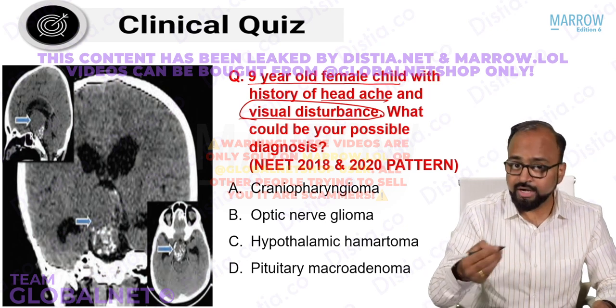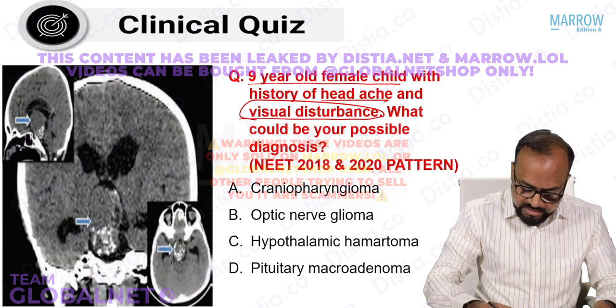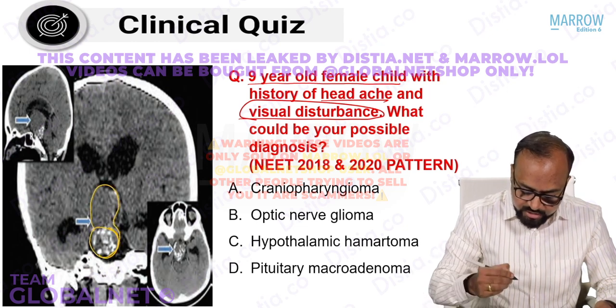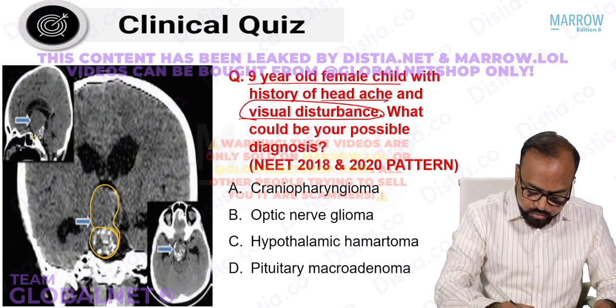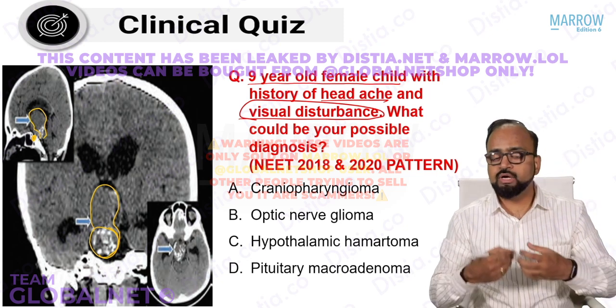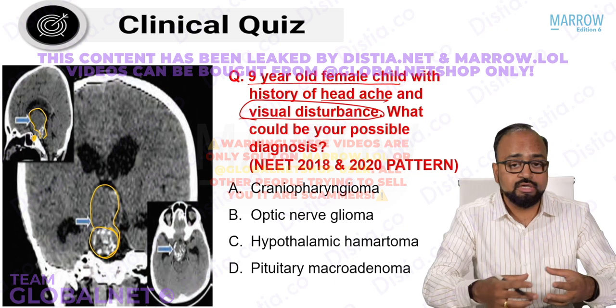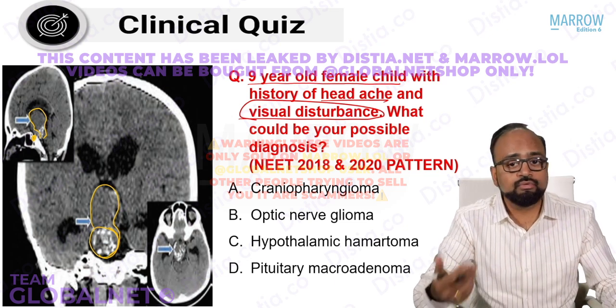And on a CT or an MR, whatever image they give you, you will be able to see a calcified, see these white dots? A solid cystic calcified lesion located just above the sella. This is the sella, so this is the suprasellar region. So a calcified solid cystic lesion in the sellar or suprasellar region in a child is craniopharyngioma.